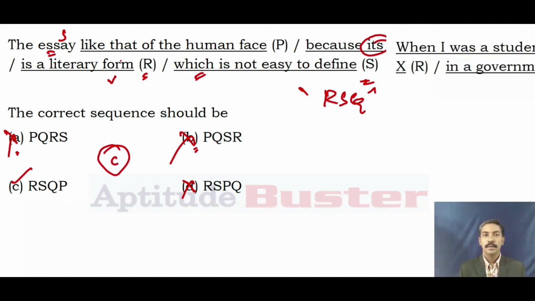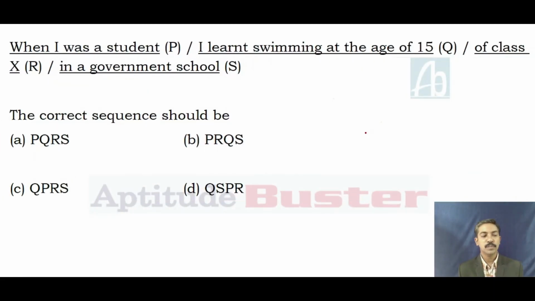This question is slightly different because we have all the words in the question being marked. Thereby, we are clueless. Let's get into the options. We have two options beginning with segment P and we have two other options beginning with segment Q. So let's check whether P or Q should begin.